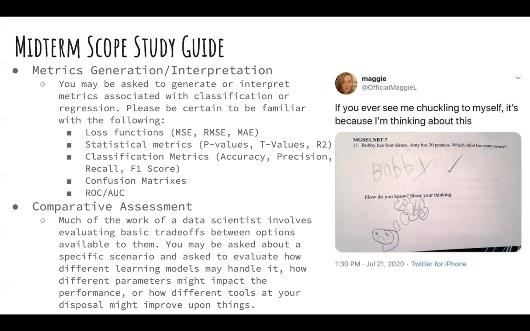Just have that comparative assessment in your mind, because again, it's quite possible you might be asked. That was what you saw with the clustering question, right? That last question said, okay, K-means, if it dealt with this data, how might it handle it? And what might be a better model to handle it?